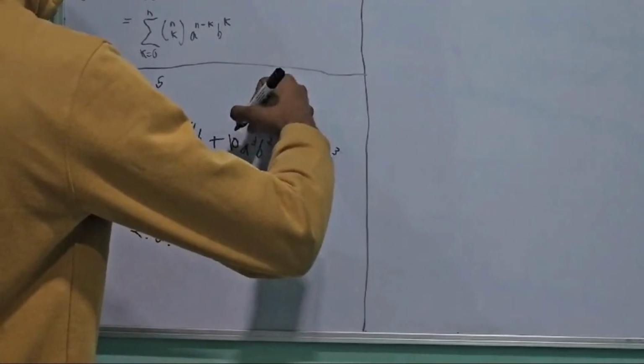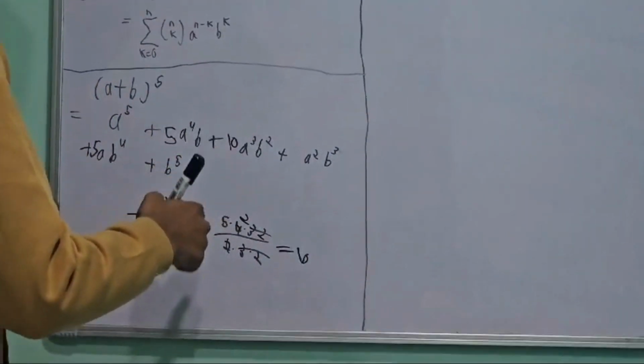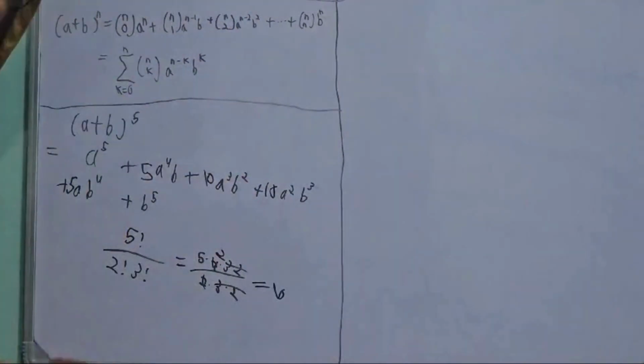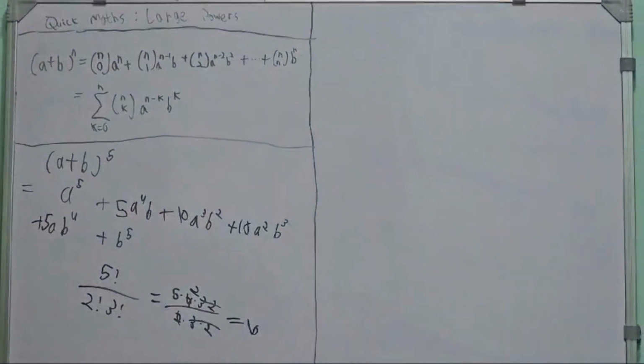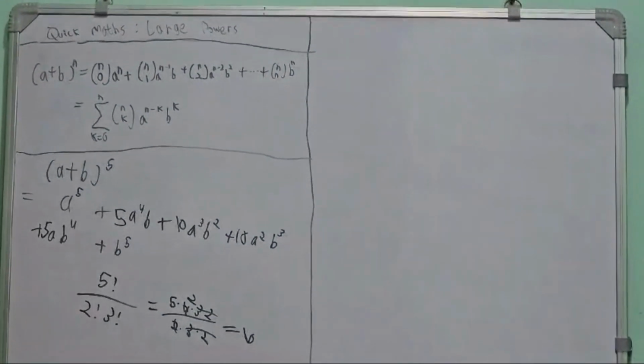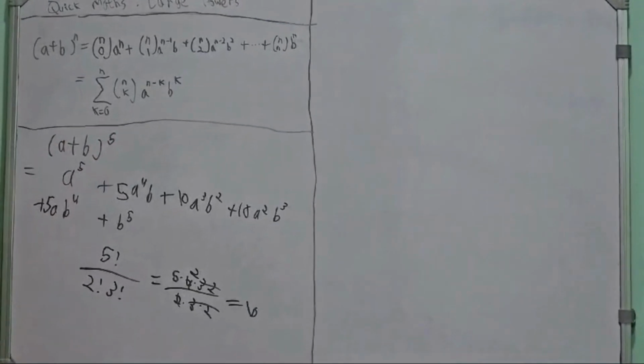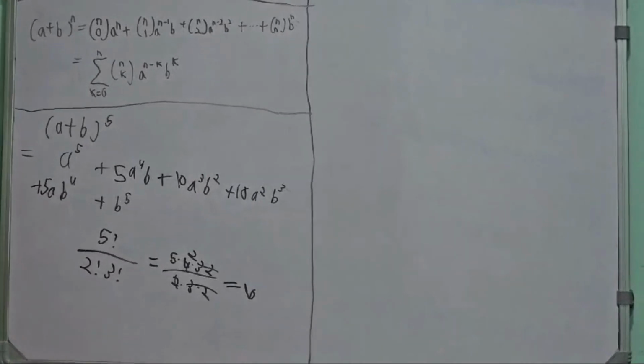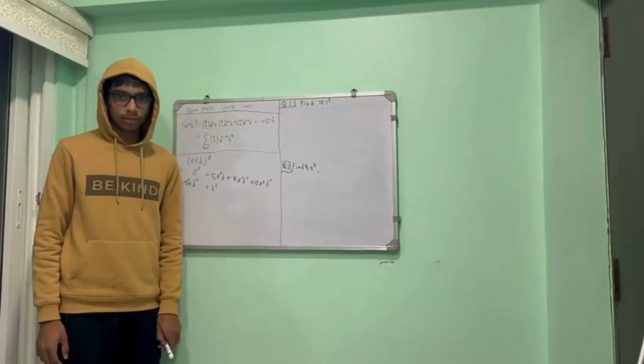So again 10 here, third term 10, so the third last term will also be 10. So this is our expansion of a plus b to the power 5, and like this we can do any natural number, like a plus b to the power 10 even, but that is a bit time taking.